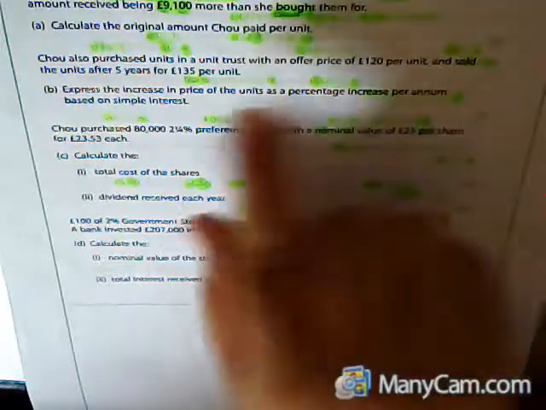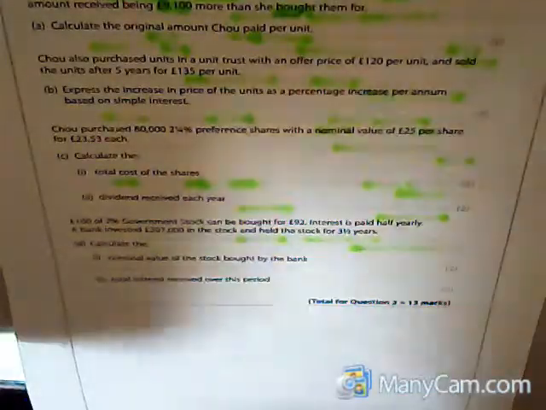That's why we are making a profit. So how to work out the cost of investment? We should reduce our profit earned. How much profit do we earn? 9,100, what they say. So 35,000 multiplied by 17.5, deduct 9,100.